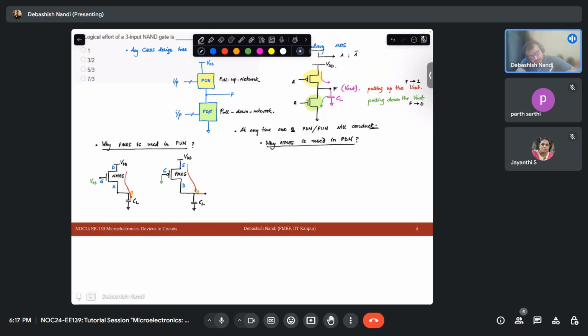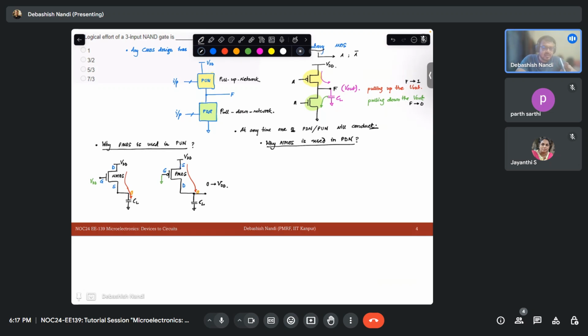CL will be charged from 0 to VDD, right? Why? Because when CL is at VDD, there is no difference between the source and drain potential of the PMOS, so current will not flow, or only your leakage currents will flow.